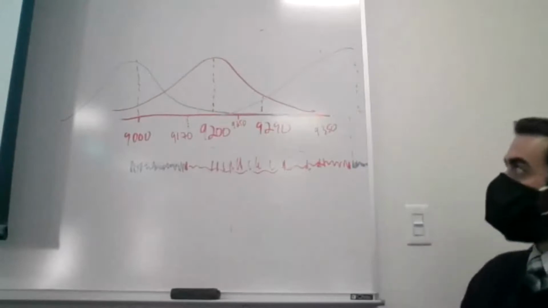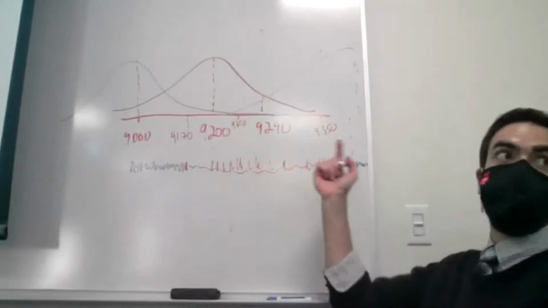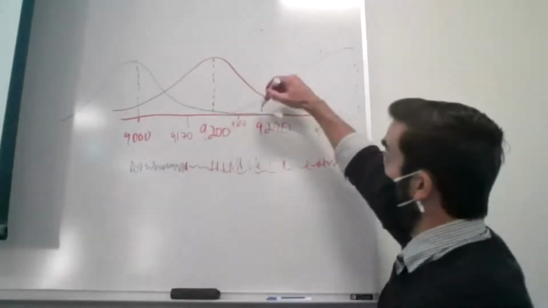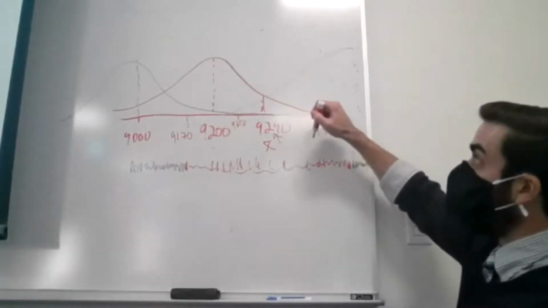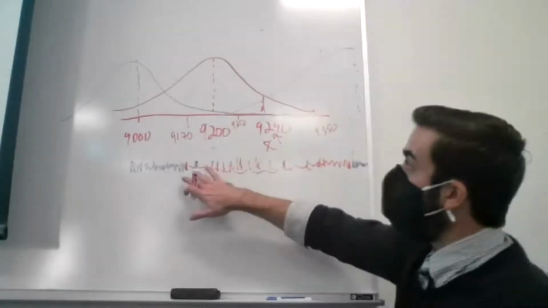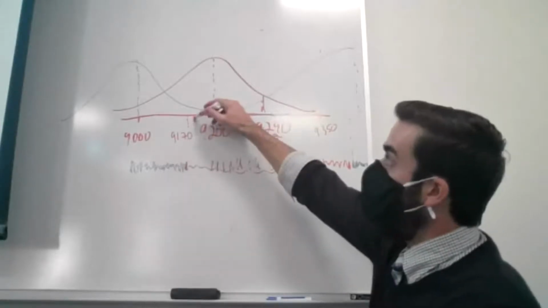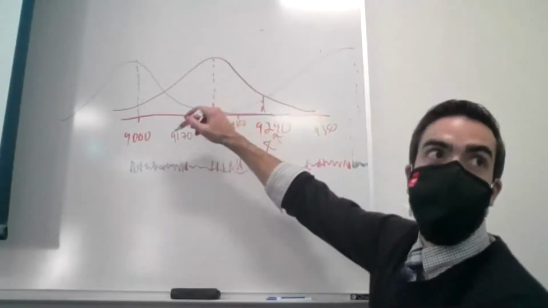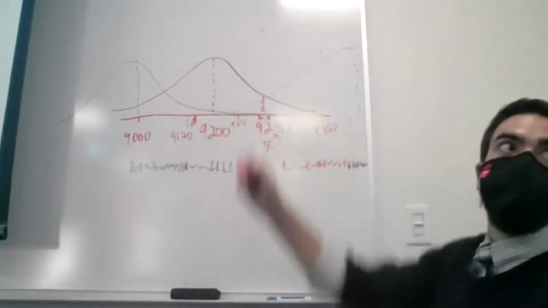Well, think about it: we're going to have different p-values for each one of these hypothesis tests that we do. Remember, this was the sample mean that I found, this 9,290. Yes, I failed to reject the values down here, but these values are way less likely to be my true population mean than values right around that sample mean.